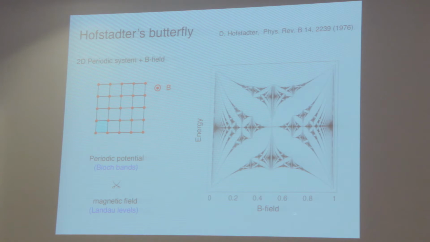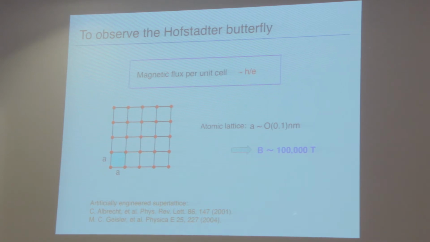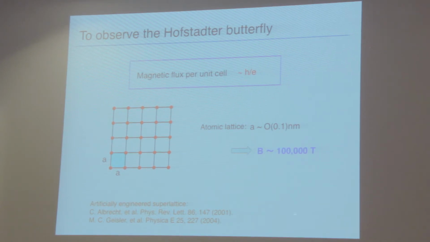And as many speakers already stressed, to observe the Hofstadter butterfly, we need a condition which says that the number of magnetic flux quanta per unit cell is of the order of the quantized magnetic flux, h over e. So for example, the easiest way one can imagine is to just use the usual atomic lattice.